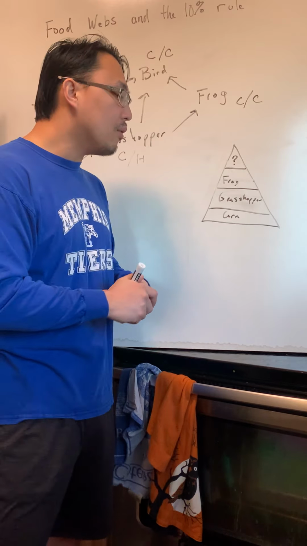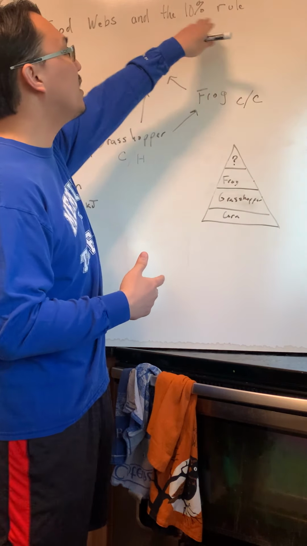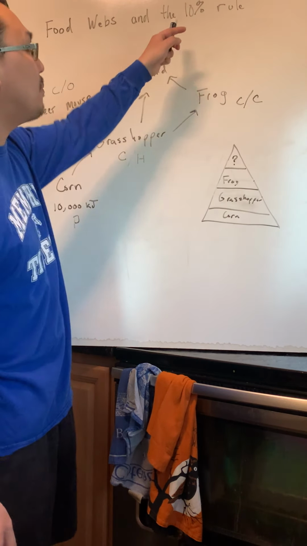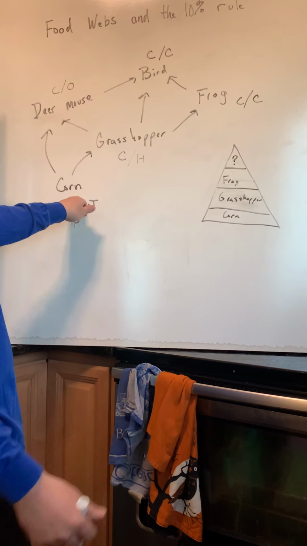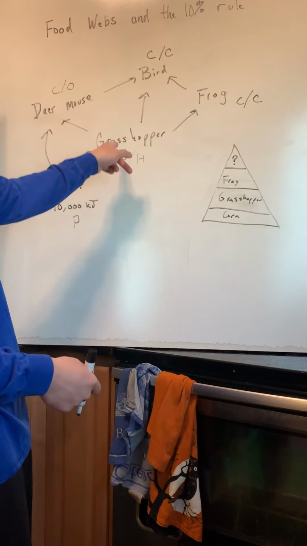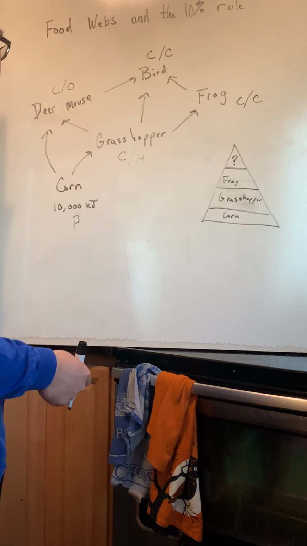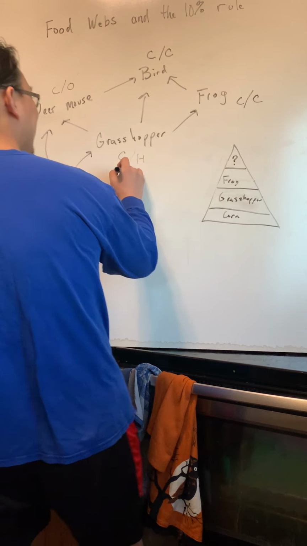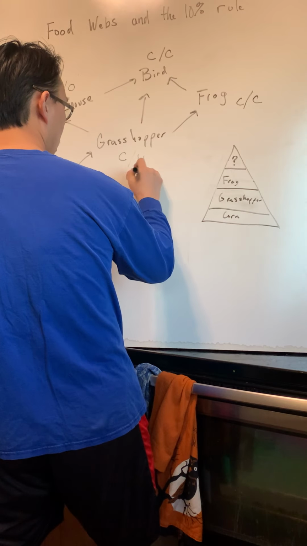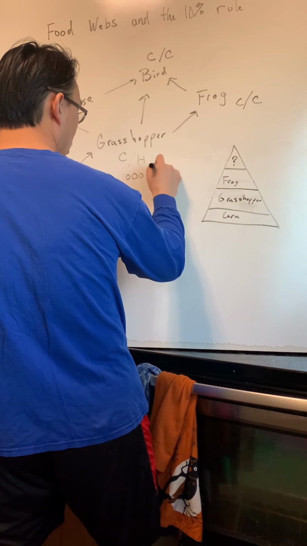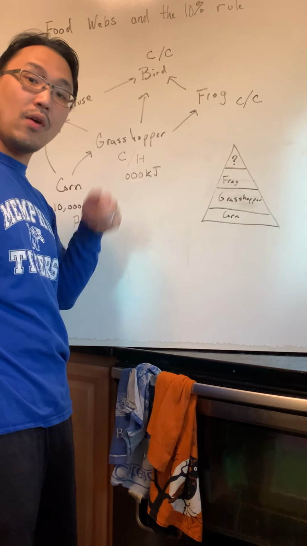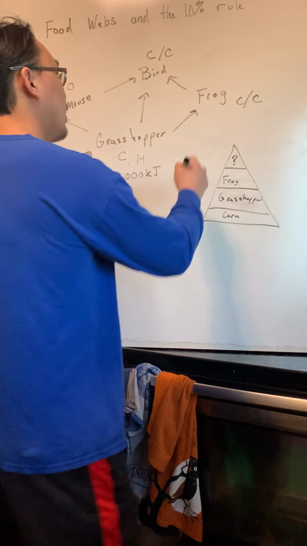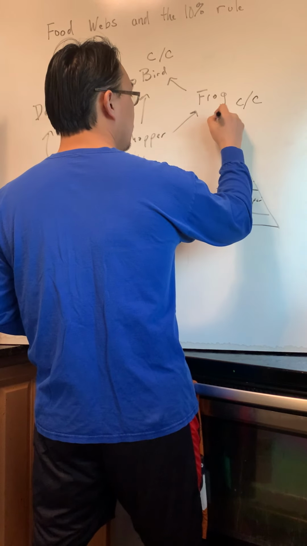And so in terms of only 10% of that energy being transferred from one organism to the next, let's see how that works. So 10,000 kilojoules, that grasshopper is only going to receive about 1,000 kilojoules. And then if we have the frog that eats the grasshopper, all of a sudden it only gets 100 kilojoules.